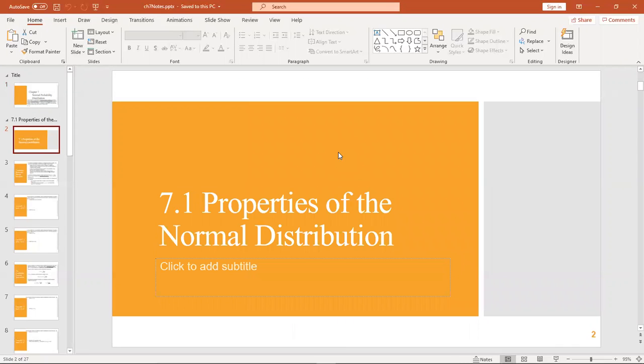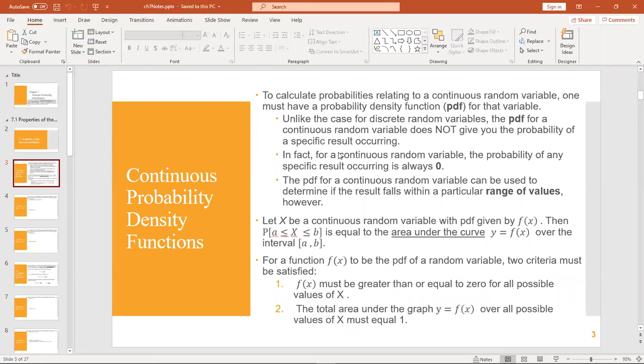So to start with, we've got properties of the normal distribution here. To calculate probabilities, you have to have a probability density function. The PDF of a continuous random variable doesn't ever actually give you the probability of a specific result happening, because fun fact, that's actually always equal to 0.